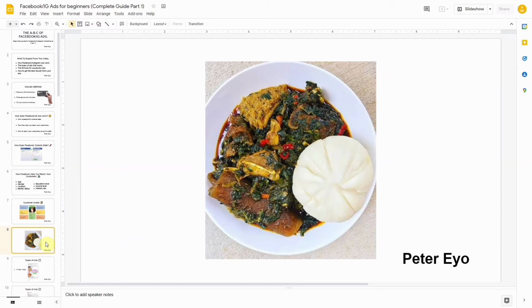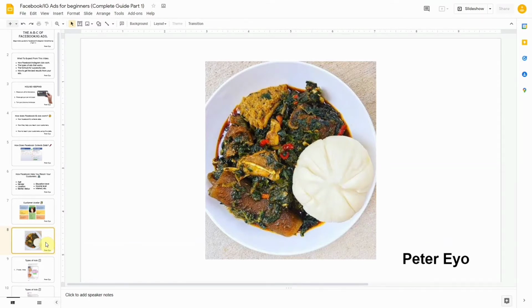Peter Ayo is a foodie because I've been watching videos of food on their platform. I've been liking videos of food, liking the pictures, posting these pictures. I'm even in the comment section of food blogs commenting on their posts. So that's a signal to Facebook that Peter Ayo likes food.